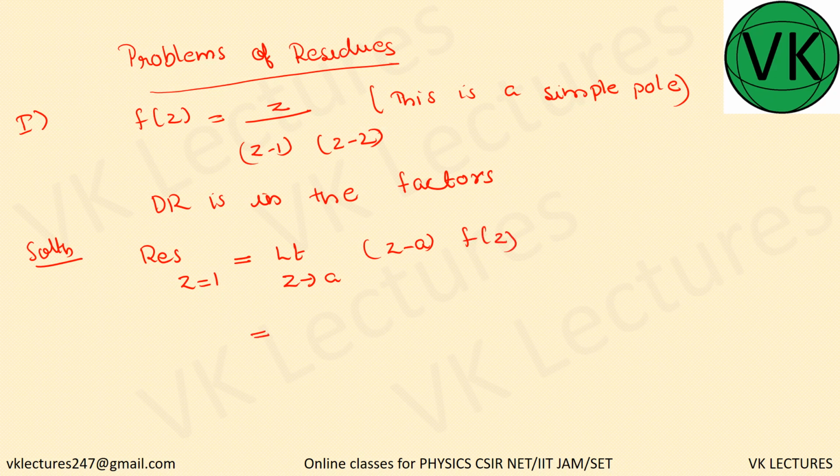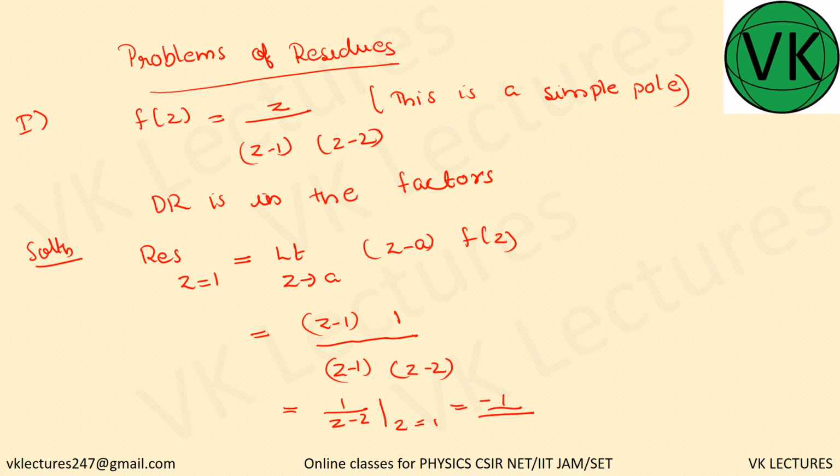That means here, (z minus 1) into z divided by (z minus 1) into (z minus 2). So we got 1 by z minus 2. At z is equal to 1, we got the answer as minus 1.